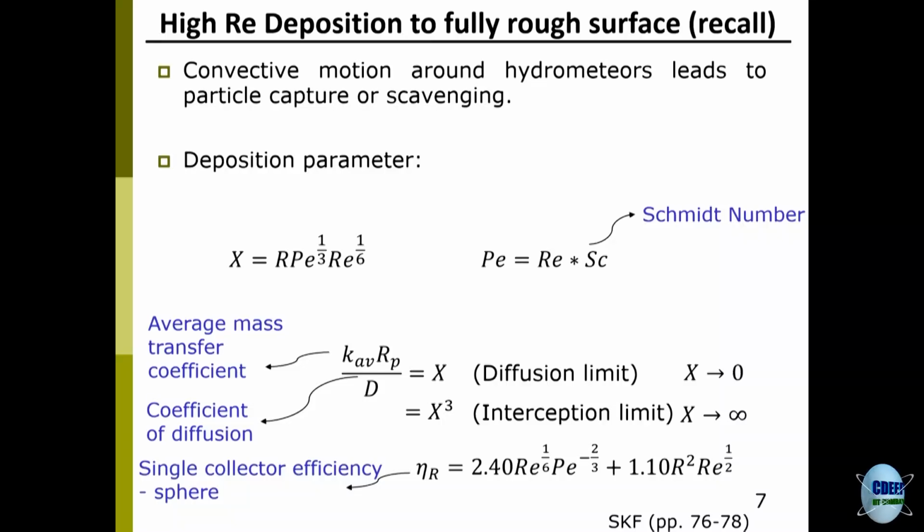Here the Reynolds numbers are large enough for us to be using a high Reynolds number turbulent deposition theory, right? So that is what we use. We know that there's a diffusion limit, we know there's an interception limit. Here of course the collector is the drop which happens to be falling, and we had put this expression up earlier for spheres, but we had considered grasses and things maybe approximately as cylinders, but here we have a sphere, right?